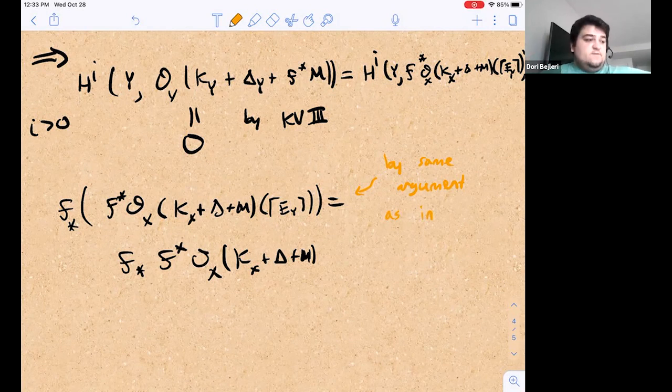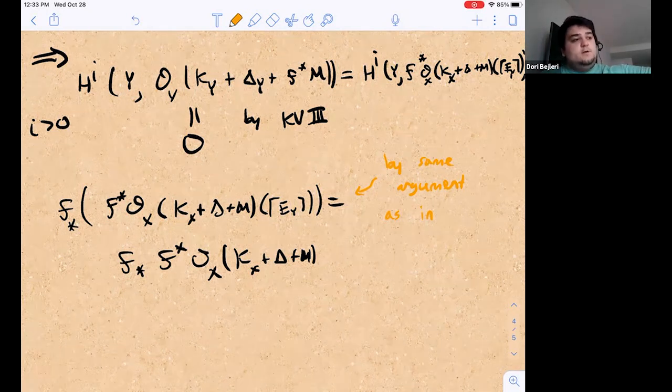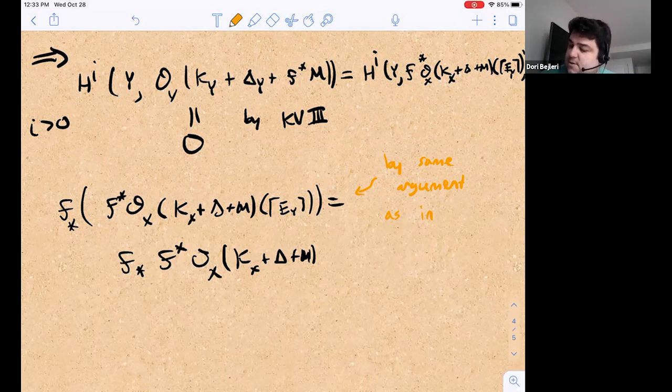Essentially any divisor that's supported on exceptionals and that is strictly negative, that satisfies the negativity lemma, can't have sections. Anyway, okay, by the same argument as in the equivalent characterization of canonical singularities.